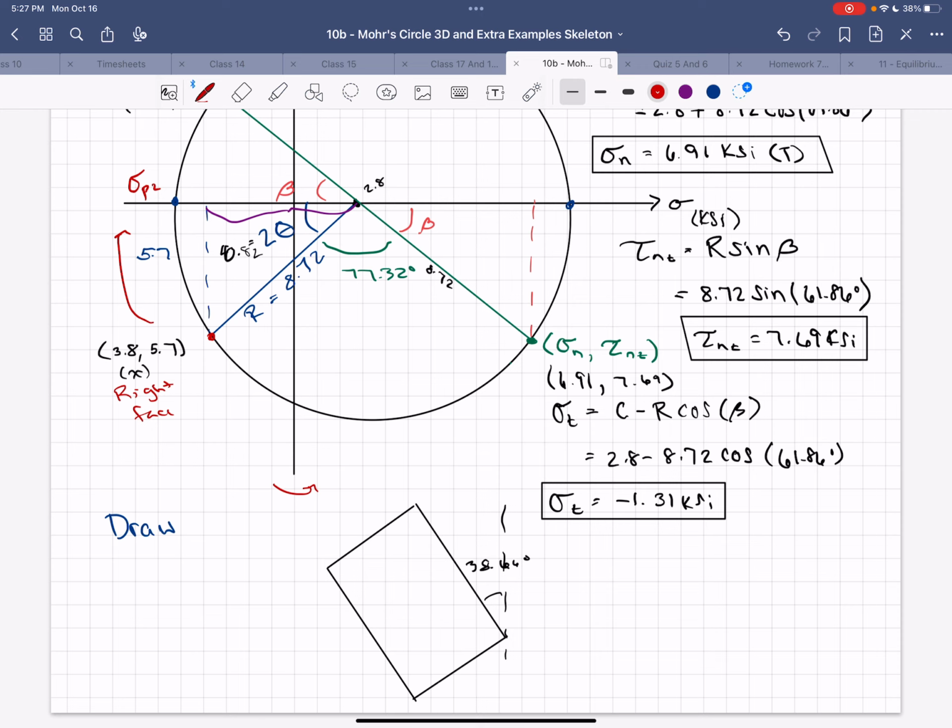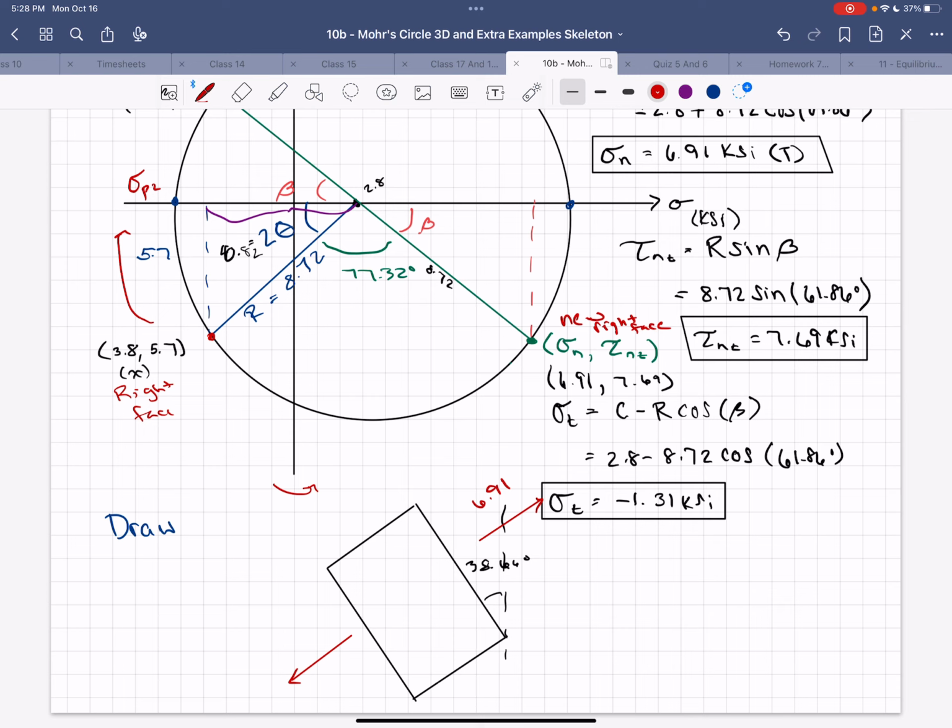All right, so now we just draw these. This is not a principal stress plane, so we're going to have normal stress and shear stress. This is in tension, 6.91. This is my new right face. And then this one's going to be in tension, same value, 6.91.